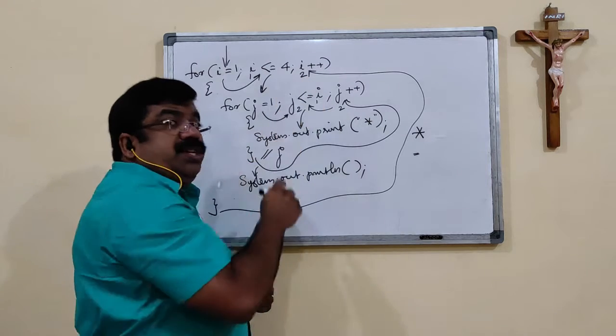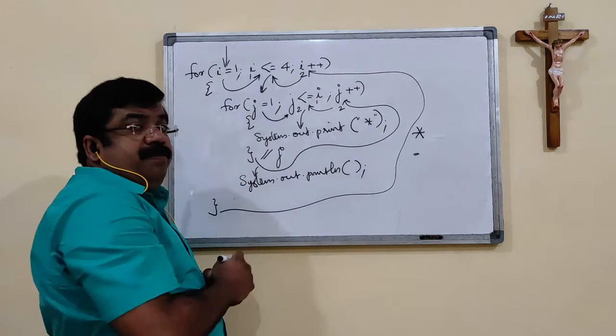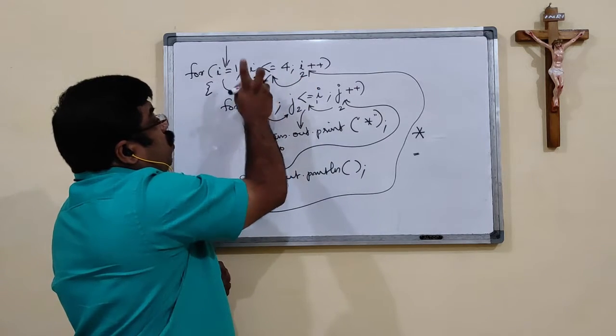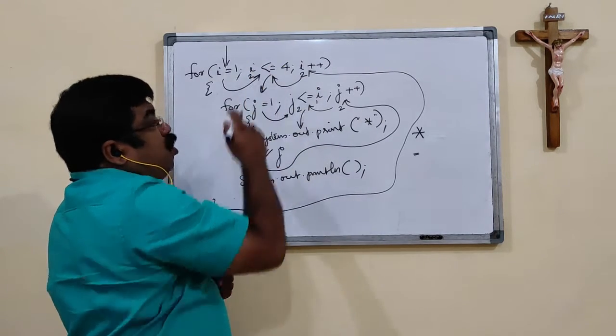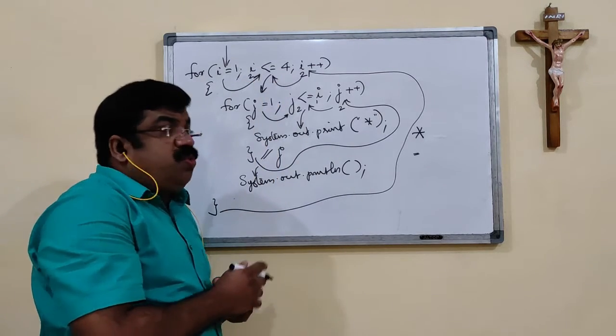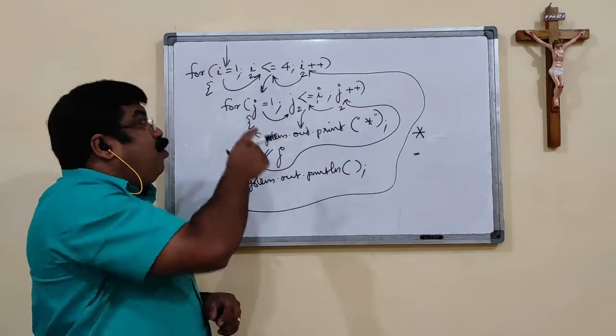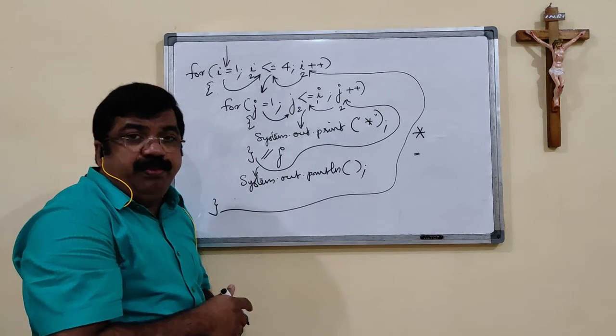Now, once it is incremented, it will check the condition again. 2 is less than 4 or not. Condition is true. Since the condition is true, we will come to the body of that particular loop. The body contains another loop, the j loop.